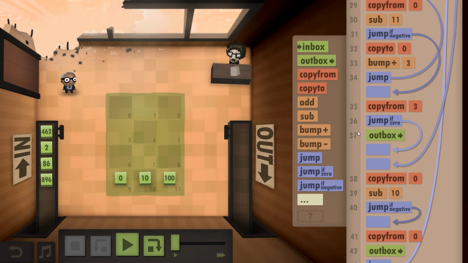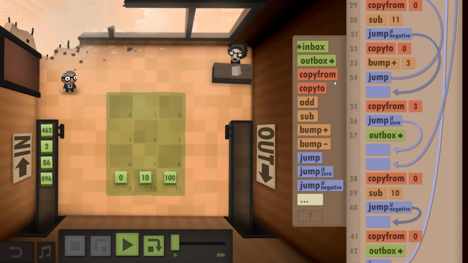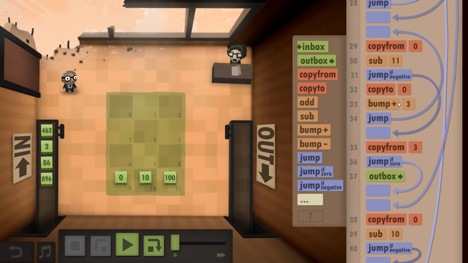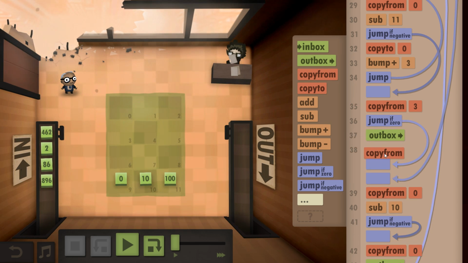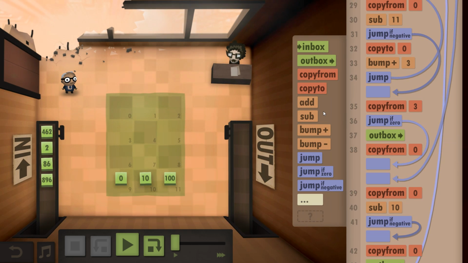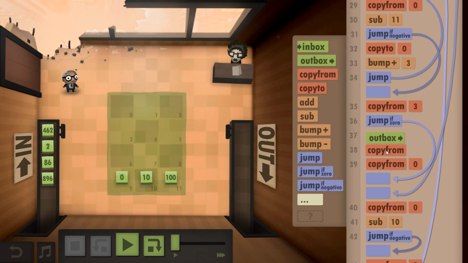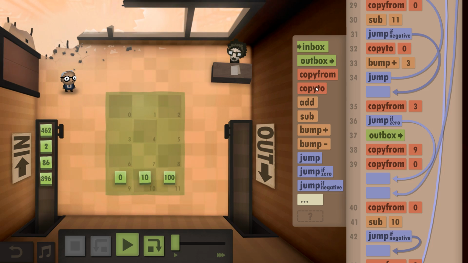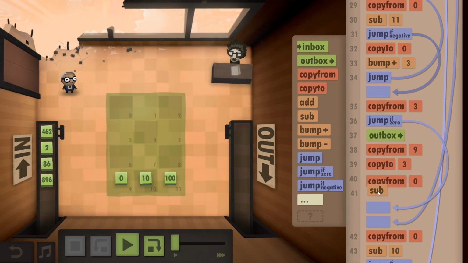And then if it's not 0, I copy from 0. I need to reset my counter. Copy from 9, copy to 3, and copy from 0, sub 30.